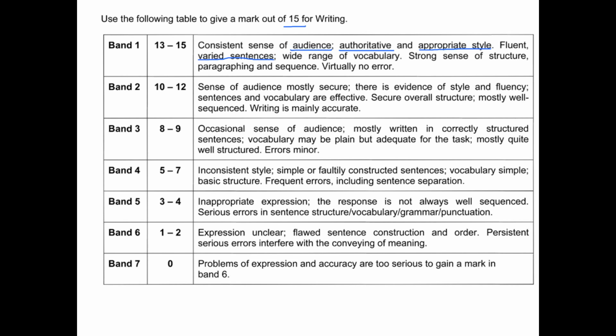But actually, the easy shorthand for doing that is just to say one thing to yourself. Start every sentence in a different way. And once you do that, your writing becomes immediately sophisticated and it leaps up into the top band. So start each sentence in a different way and you're going to get into band 1.